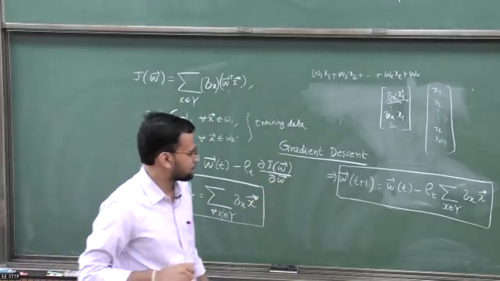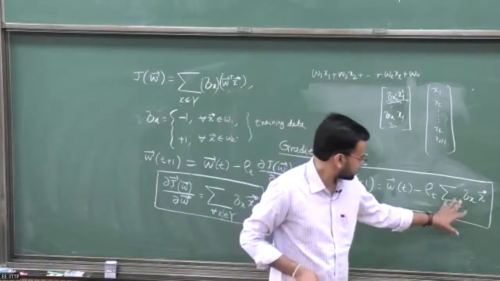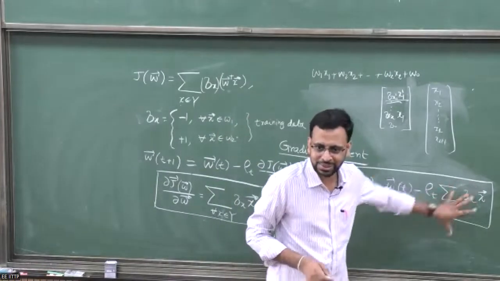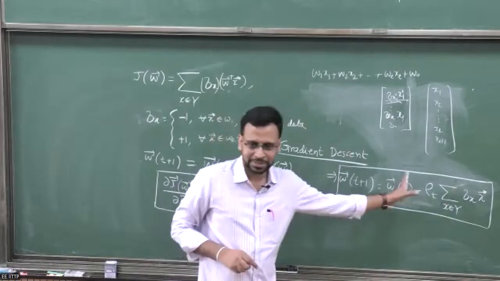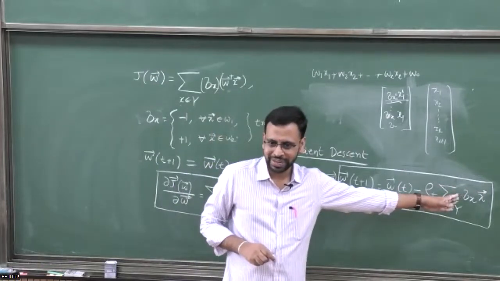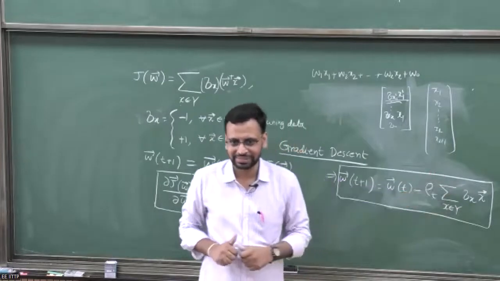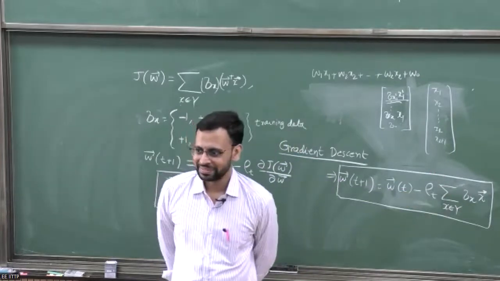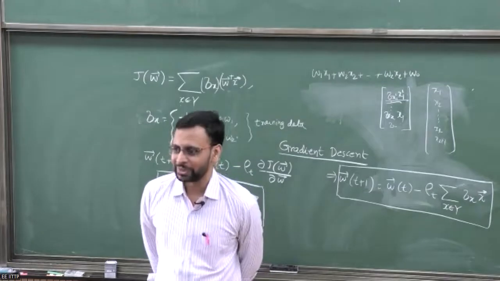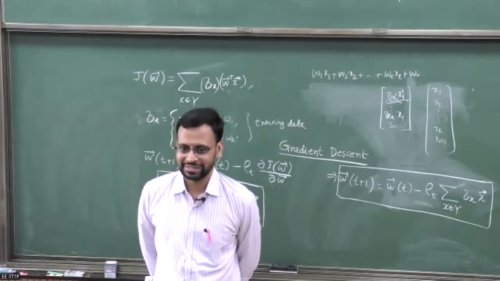Don't you see something unusual here? The whole term has nothing to do with weights. This whole term, what happened there? Will it be constant every time, or what's going on here? Very good. They keep changing.